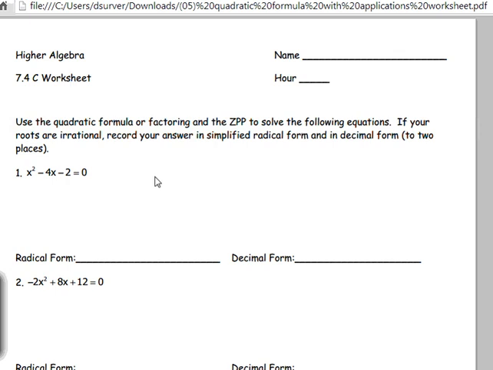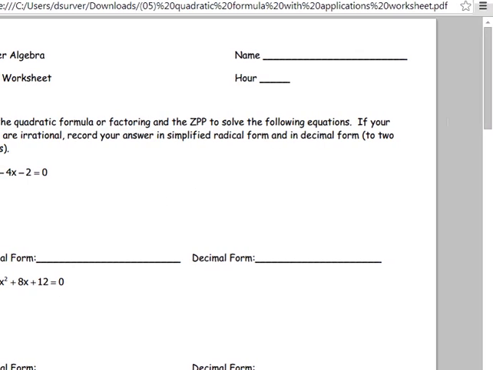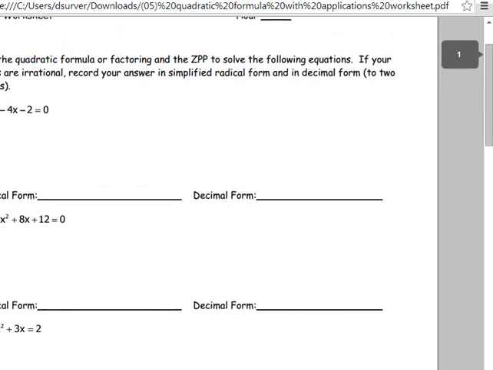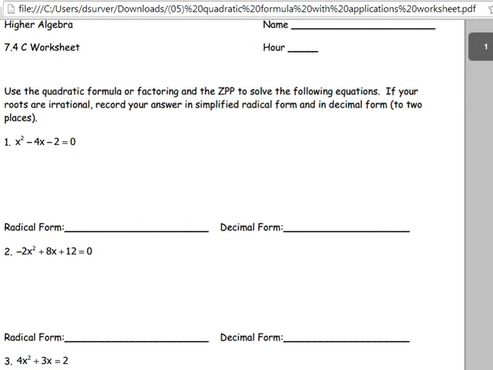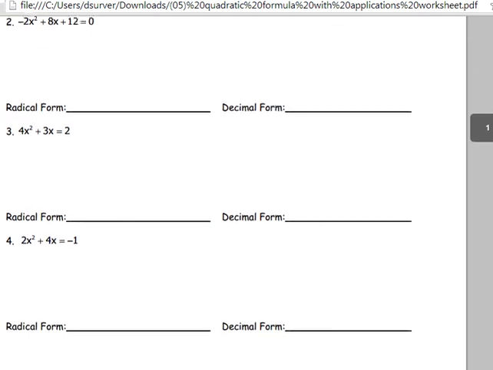And I told kids last hour they could skip the first problem and the last problem on this worksheet. So we're going to jump right to number 2. There we go. Okay, maybe I can move this over just a little bit so people at home can see this. Scroll this up to number 2.